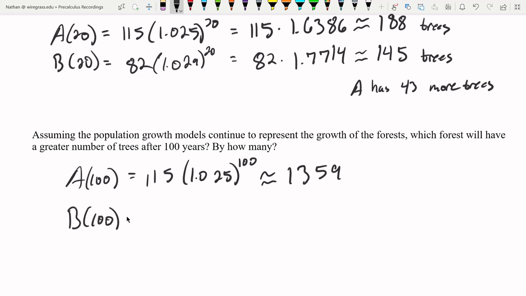B of 100 is going to be 82 times 1.029 to the 100. I get 1430 approximately. So by the time 100 years have passed, that's when B has outgrown A. Even though A started with a lot more trees, what matters is the growth rate in the long run.